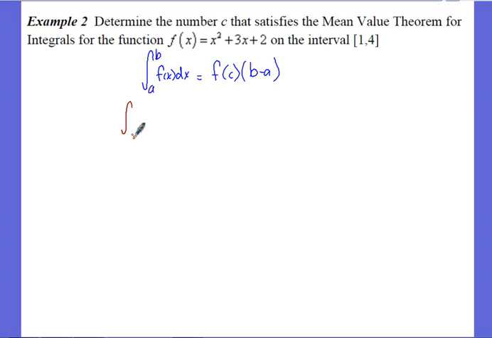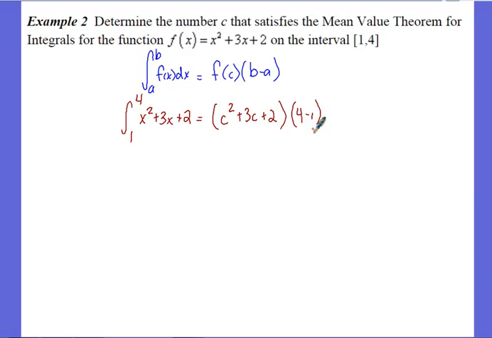It'll be the integral from 1 to 4 of x squared plus 3x plus 2 equals, what does this mean? Plug in c. So does everybody realize that this means c squared plus 3c plus 2, times b minus a, 4 minus 1? You with me?